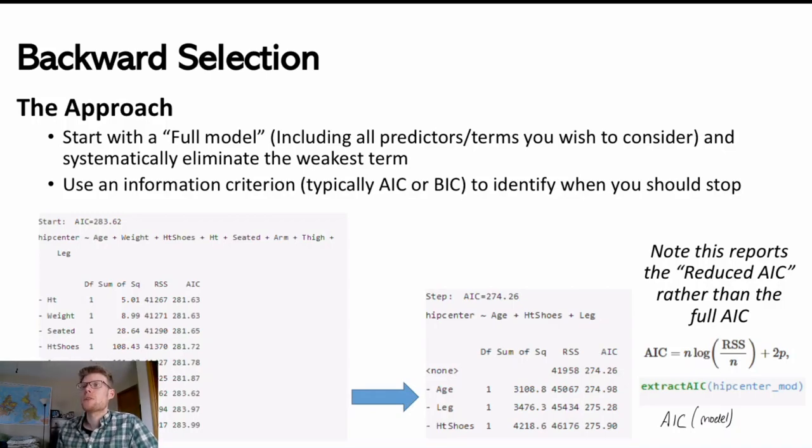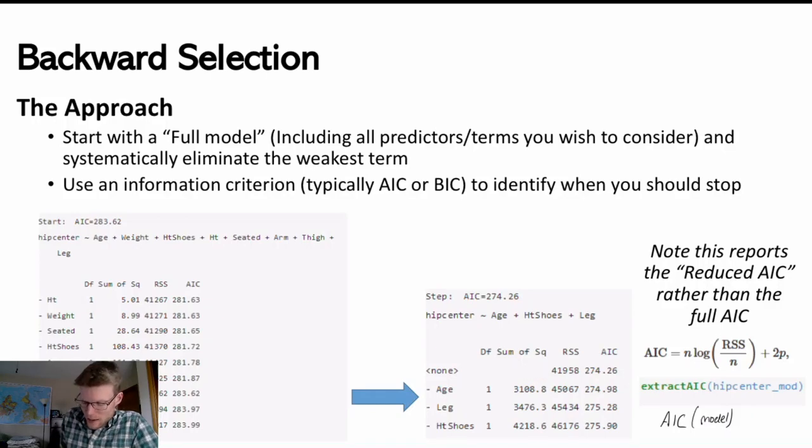One thing I'll also mention is that these AIC values being reported are not the true AIC values, but the reduced AIC values. It's the calculation that comes from this right here, the relevant part, but not the full calculation, including the constant term. To find this particular value, you would run extractAIC of a particular model, if you're curious about how to find these values showing up here.